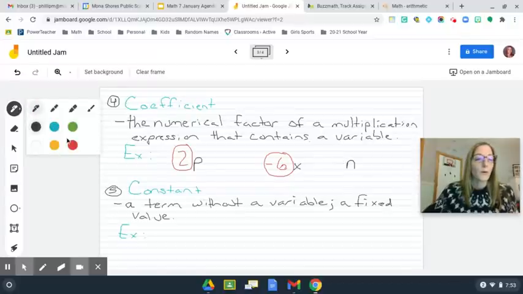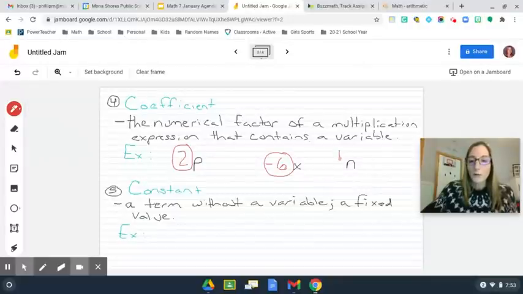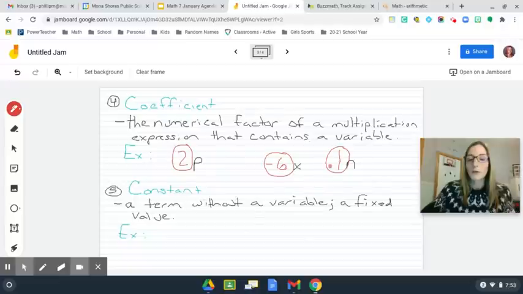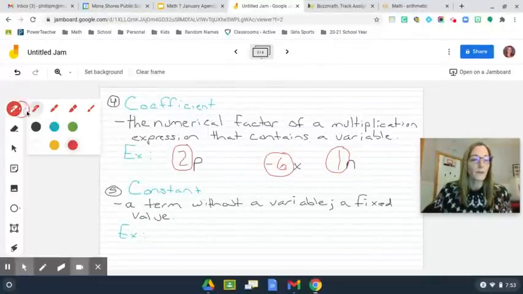When a variable stands by itself like that and you don't see a number in front of it, it's always a 1. It's always assumed there's a 1 in front of that variable. The coefficient is 1 in this case, 1n. Okay.